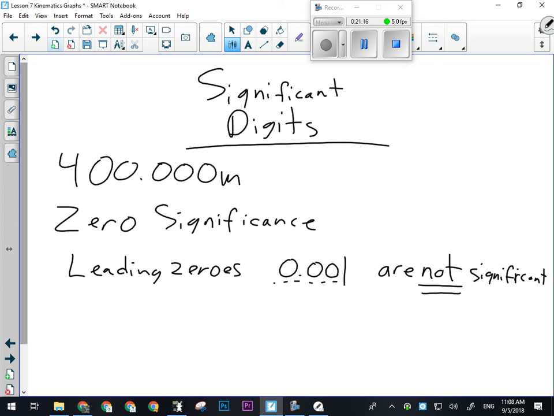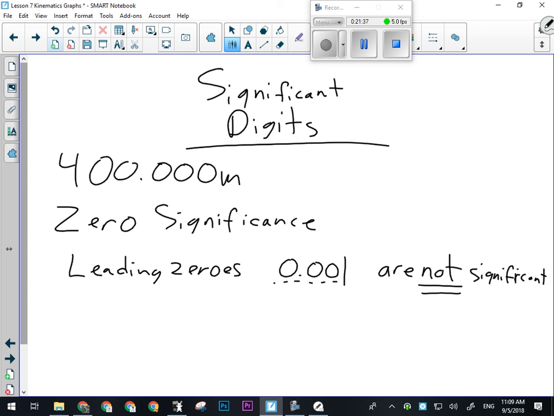You don't measure them. You can't measure what is not there. All right, so if this was a measurement in millimeters, I have no meters, no decimeters, no centimeters. I didn't measure those because they're not there. Thus, they're not measured values. Thus, they're not significant. Everybody follow there?